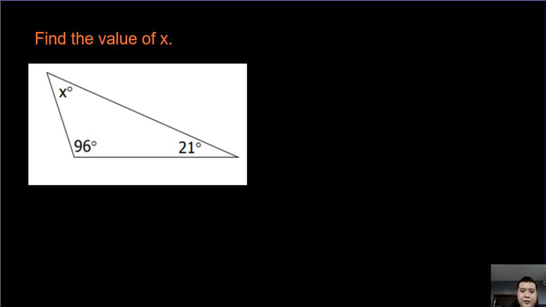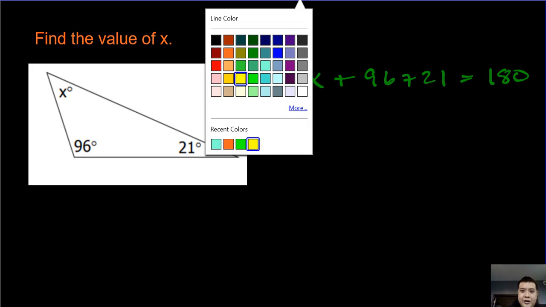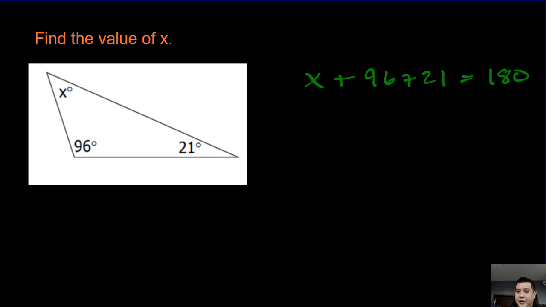Here we have three interior angles inside this triangle. So we can create another equation where x plus 96 plus 21 should add up to 180 degrees, because all three angles have to add up to 180 degrees according to the triangle sum theorem. 96 plus 21 gets us 117. x plus 117 equals 180.